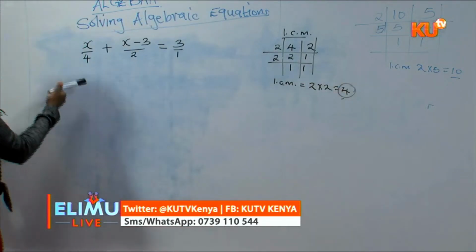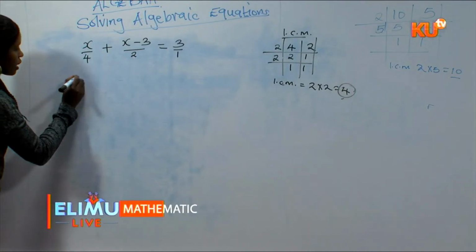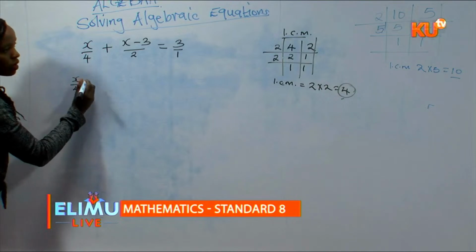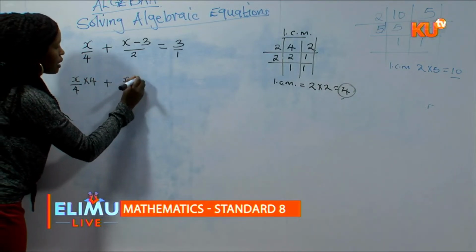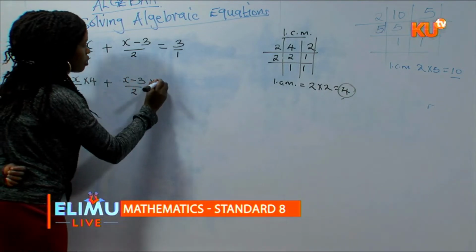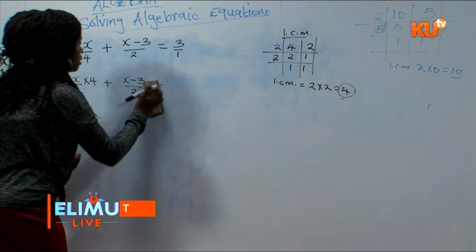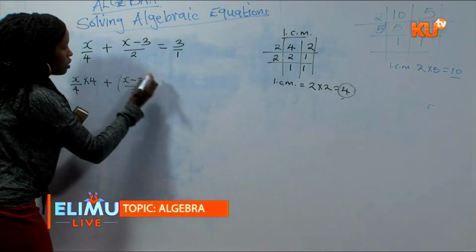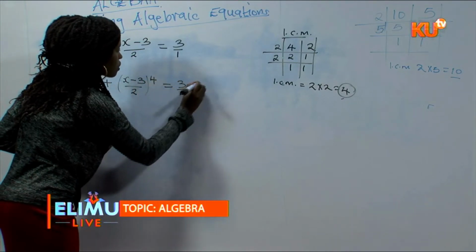So that 4, I'm going to use it to remove the denominators. So I'll take x over 4 times 4 plus x minus 3 over 2 times 4. So let's use a bracket here, times 4 is equal to 3 over 1 times 4.